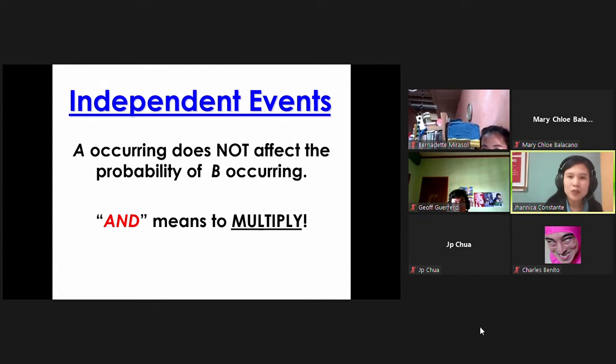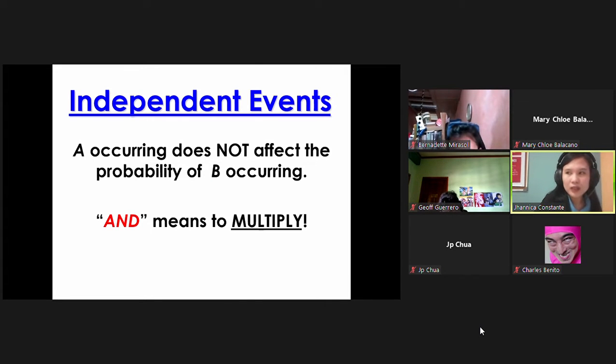And we find the probability of an independent event by multiplying the probability of the first event times the probability of your second event.